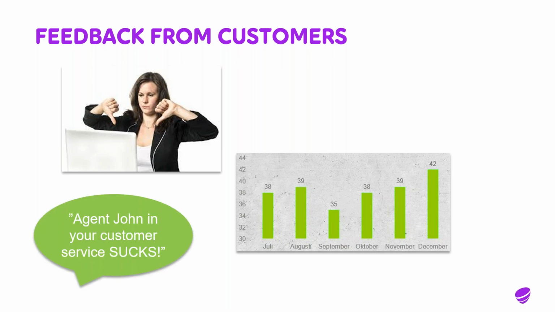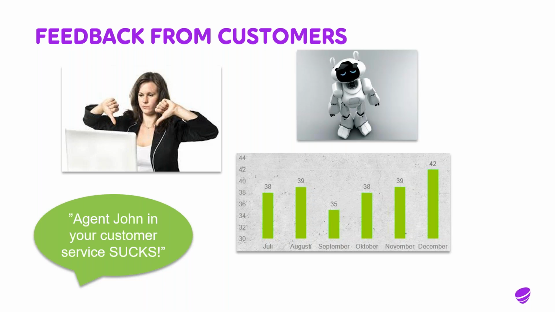And they said a lot of comments like, Agent John, your customer service sucks. And you act very much like robots when we are interacting with you, and you are so squared, meaning you are so traditional and you're not flexible. So what I will talk about here is the comments that we received about being robotic.